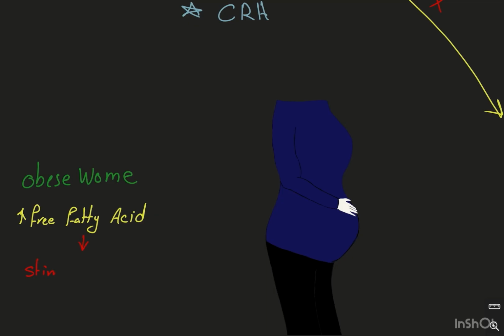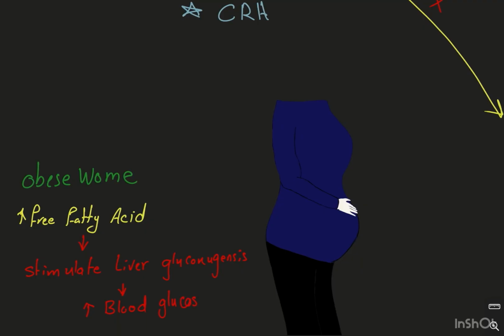The other cause is when free fatty acids enter the liver. Free fatty acids are considered a fuel to the liver, because when they enter the liver, they give energy, and this energy will stimulate gluconeogenesis. So glucose production will increase and also result in accumulation of glucose in the bloodstream.